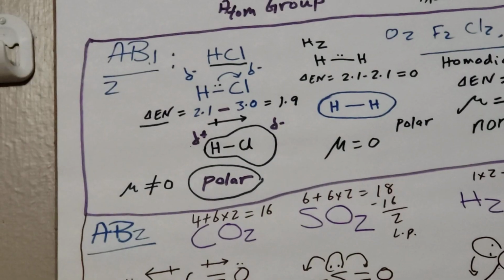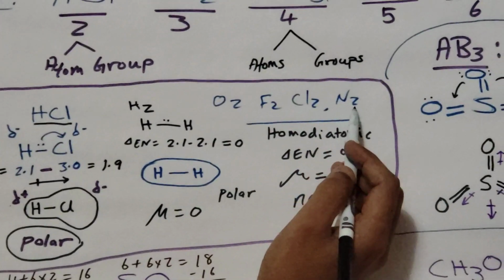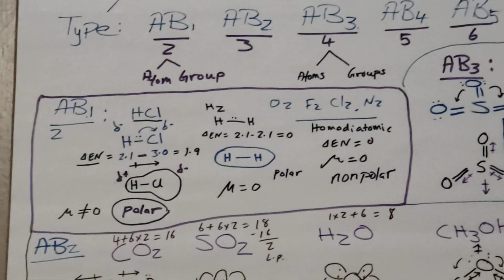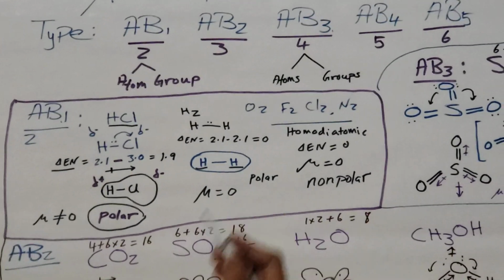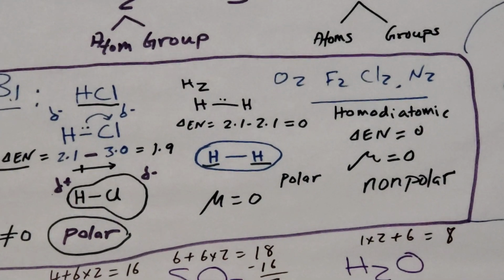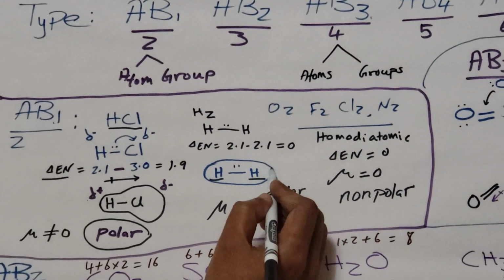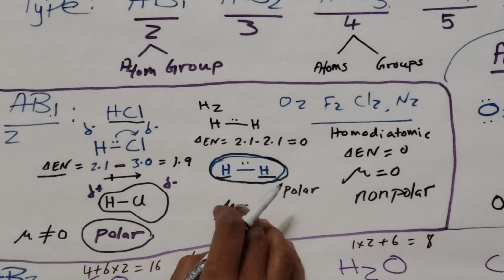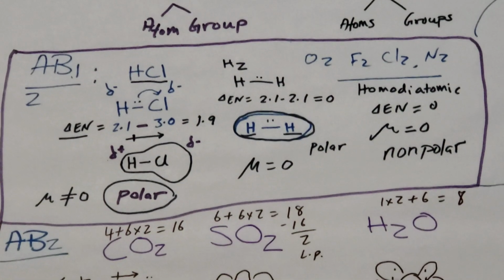On the other hand, homodiatomic molecules like hydrogen, oxygen, fluorine, chlorine, nitrogen, bromine, so any homodiatomic molecule, if you look here, this hydrogen and this hydrogen are equivalent. So the bonding electrons will be equally shared, spending their time equally on both atoms.